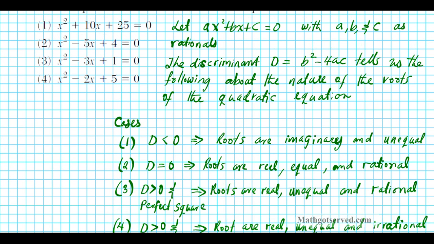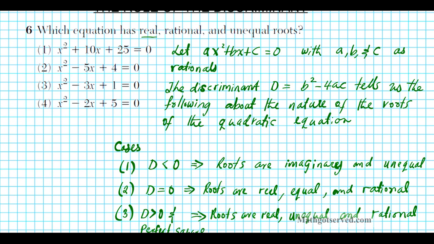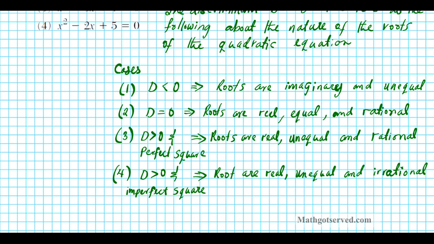That's what we're looking for here. So we're looking for the options that match case 3. Okay, positive discriminant that is also a perfect square. So let's keep that in mind. What we'll do now is just go through each option and calculate the value of the discriminant and use this solution to describe the nature of the roots.